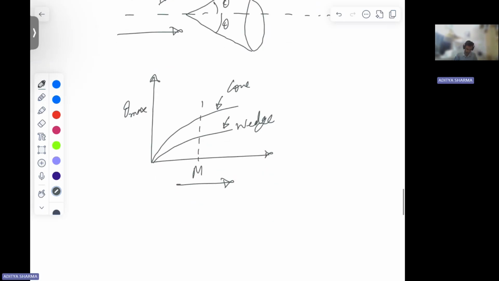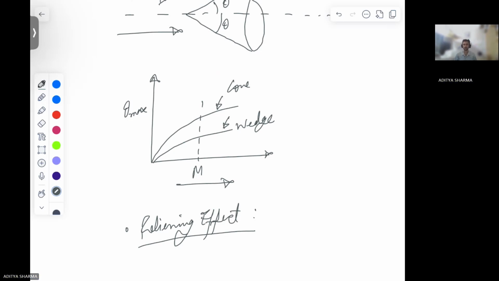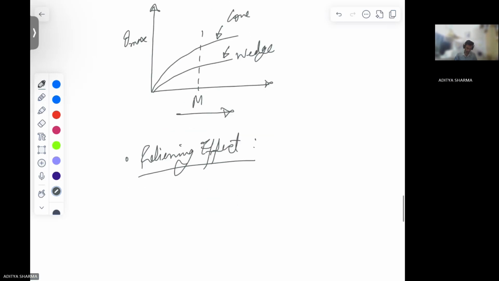Because in case of cones, you have relieving effect. Because of relieving effect, the strength of oblique shock in case of your cones is going to be less. In case of your wedge, it is going to be more.